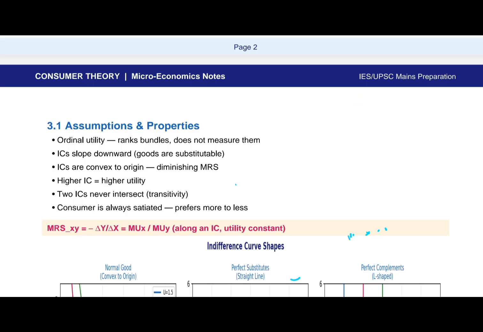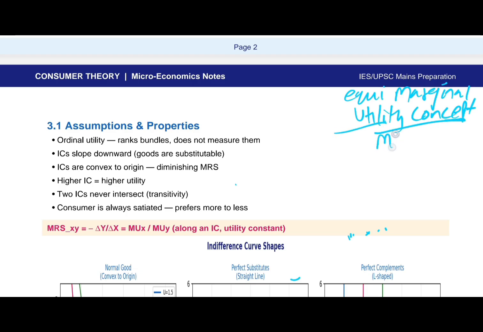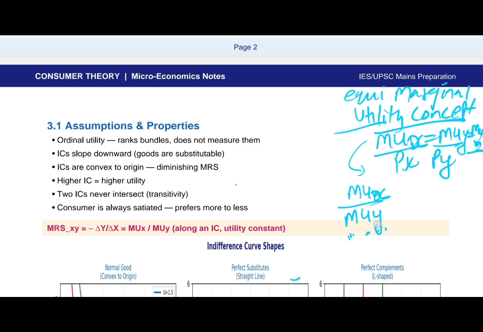In the equi-marginal utility concept, we have marginal utility of X upon Px equal to marginal utility of Y upon price of Y, equal to marginal utility of money. We can write this as marginal utility of X upon marginal utility of Y, given the prices of good X and good Y, equal to marginal utility of money.